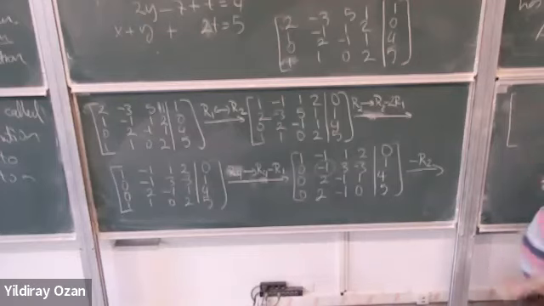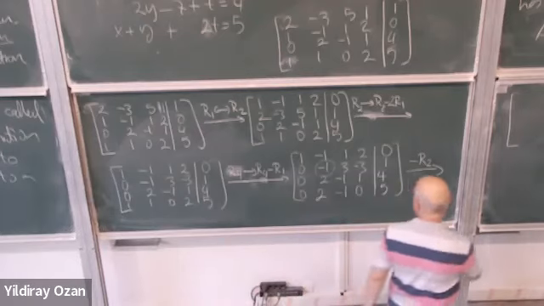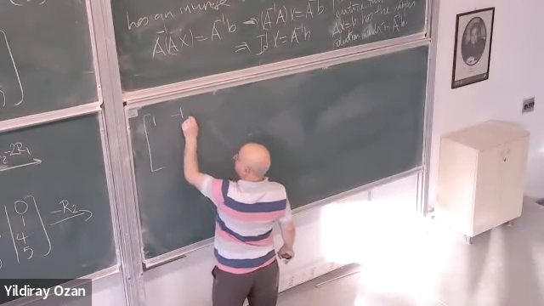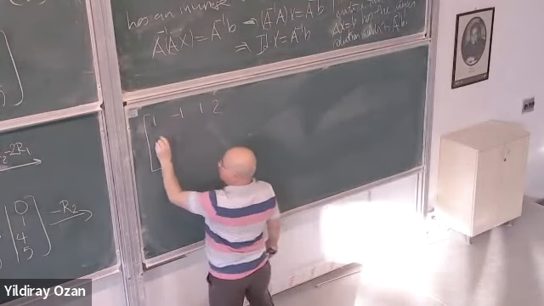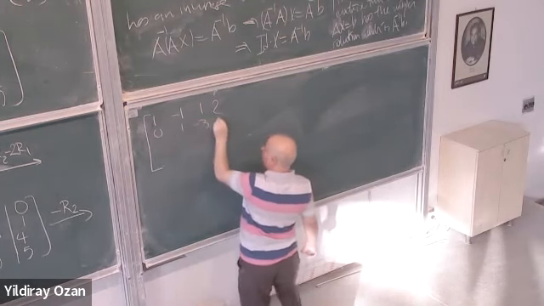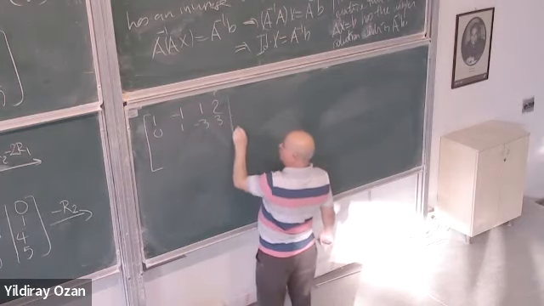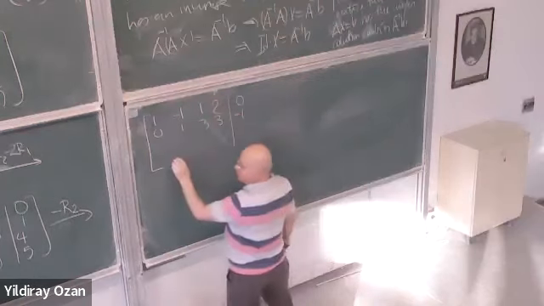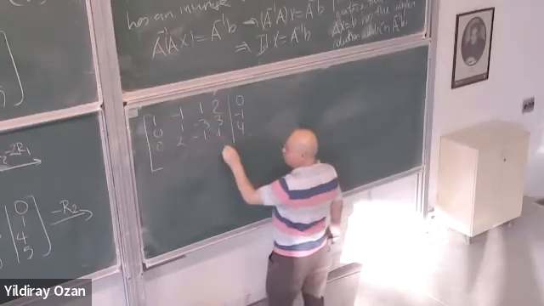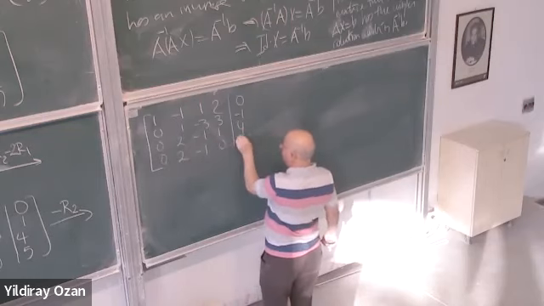Let's see what we get. We don't touch the others. 1, minus 1, 2, 0; 1, minus 3, 3, minus 1; the second row became this. I don't touch the others. 2, minus 1, 1, 4; 0, 2, minus 1, 0, 5.